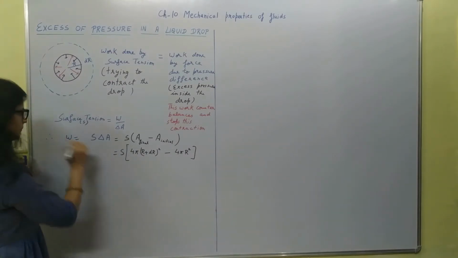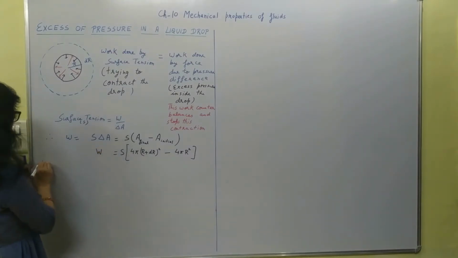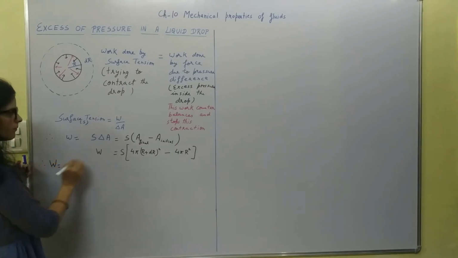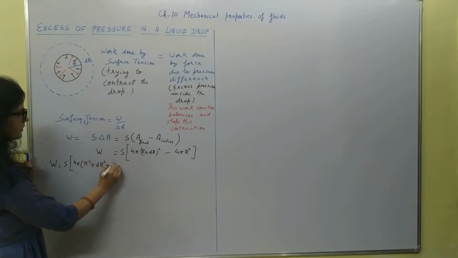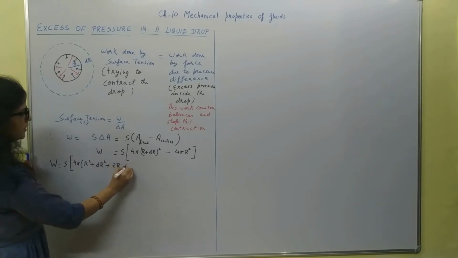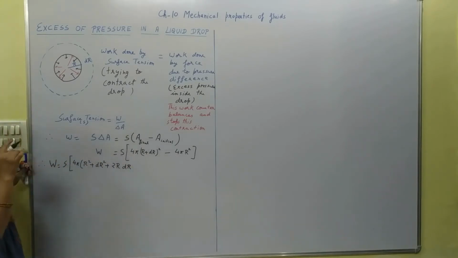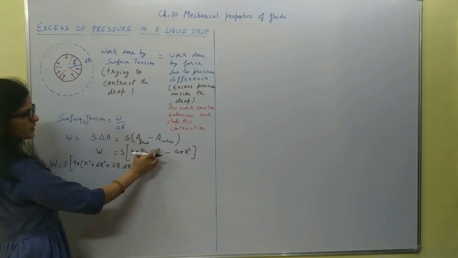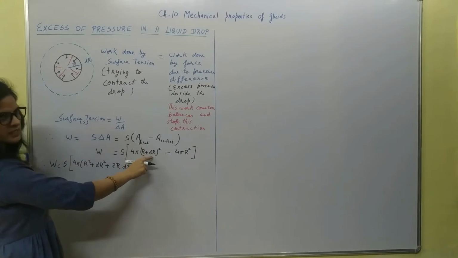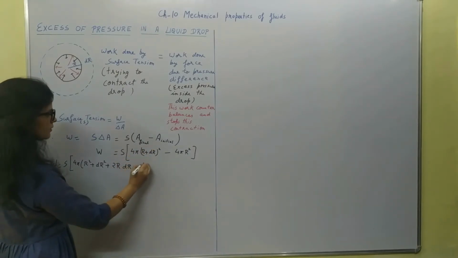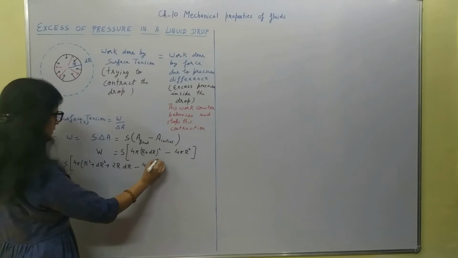This comes out to be S outside, and this will be 4 pi times a square plus b square plus 2ab, right? Because a is considered as r and b is considered as dr over here, minus 4 pi r square as it is.